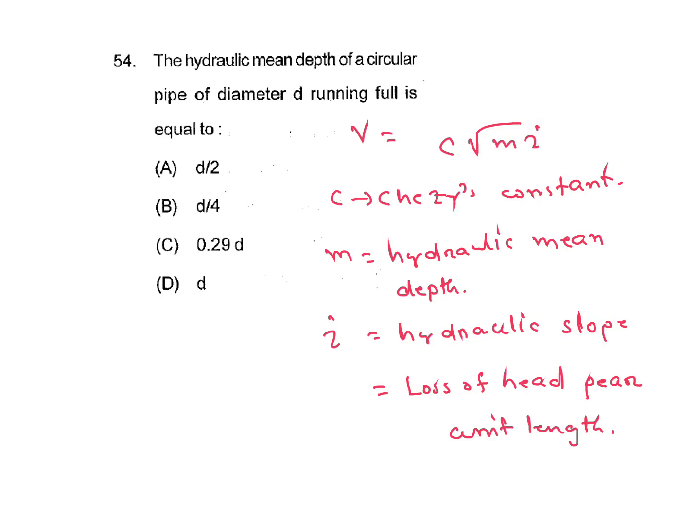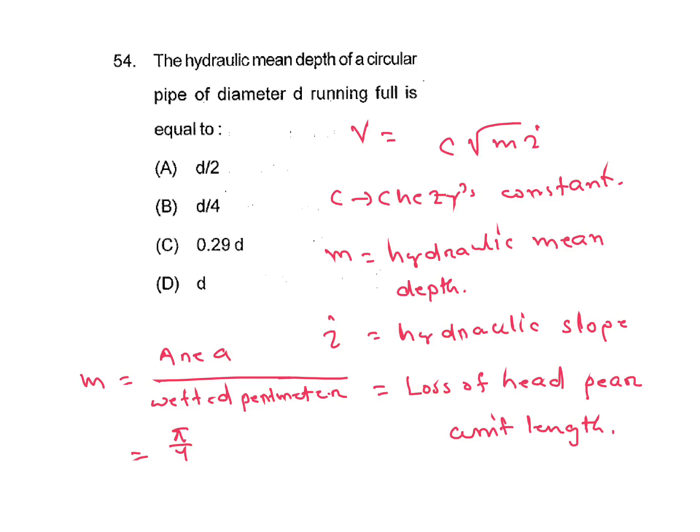So here hydraulic mean depth m equal to area by wetted perimeter. In this question, for circular pipe with diameter D, you have to calculate. So area is pi by 4 D square.